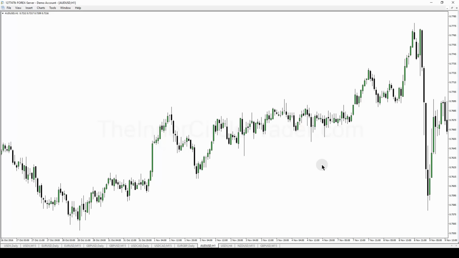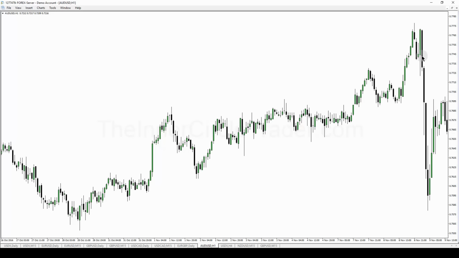And by blending things like price delivery and double tops, like we see here, these two highs in close proximity to one another, price has already shown a willingness to want to go lower. And inside this consolidation, let's take a look at the liquidity pools and ranges above and below.